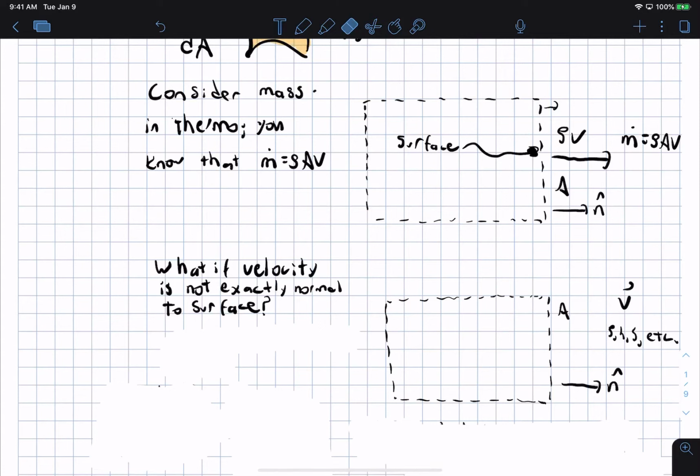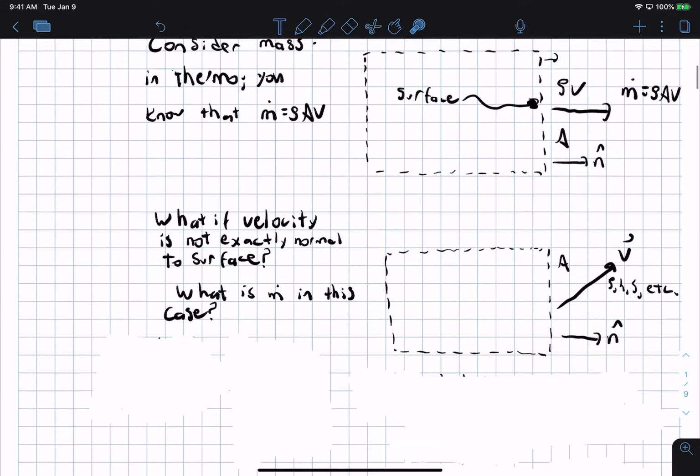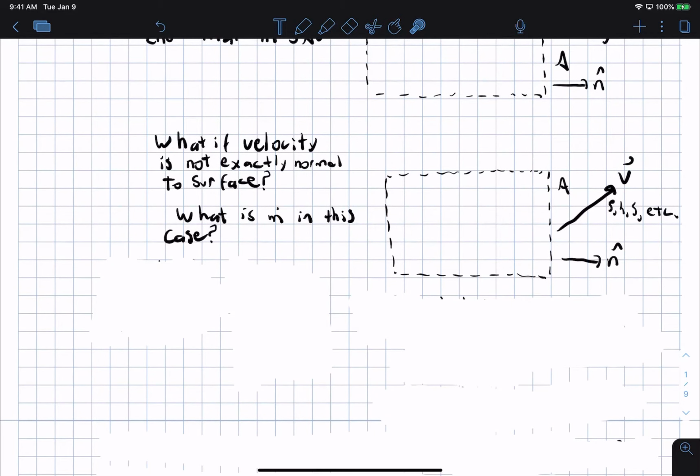What is m dot? What is the net mass flow rate through the surface in this case? Okay, so how do we determine that? Well, first we need to think that m dot is going through this surface. So if you think of that, the mass is being carried with the fluid in the direction of the fluid, or you could consider a small fluid element here that is traveling through the surface.